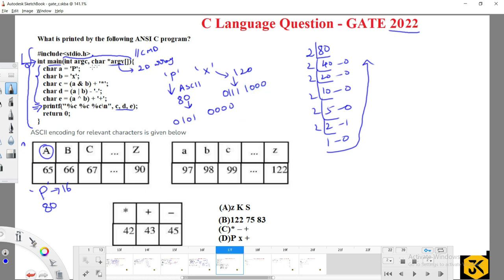The system stores data in the form of ASCII values, and internally stores it in the binary system. That's why we converted into binary format.